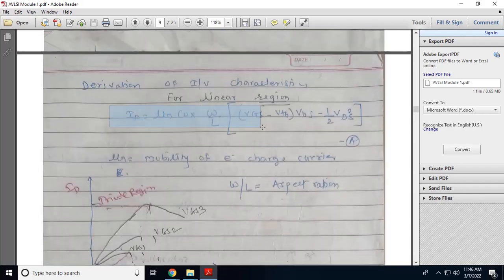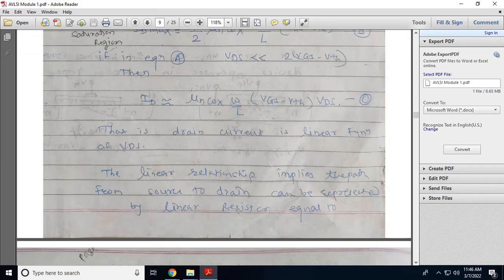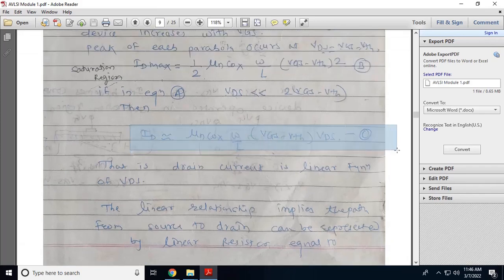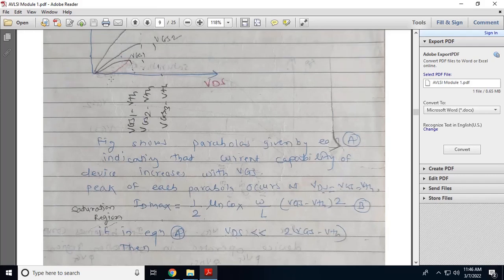We neglect this term. So in equation C, the drain current is equal to mu n COX W by L VGS minus VTH into VDS. If you observe this equation, drain current is a linear function of VDS. So this is the region.